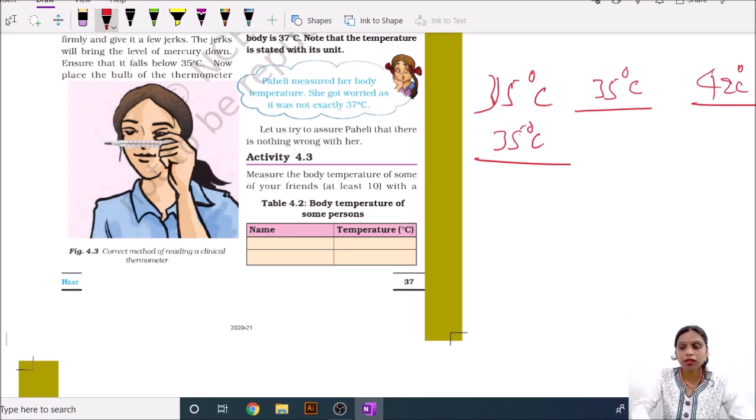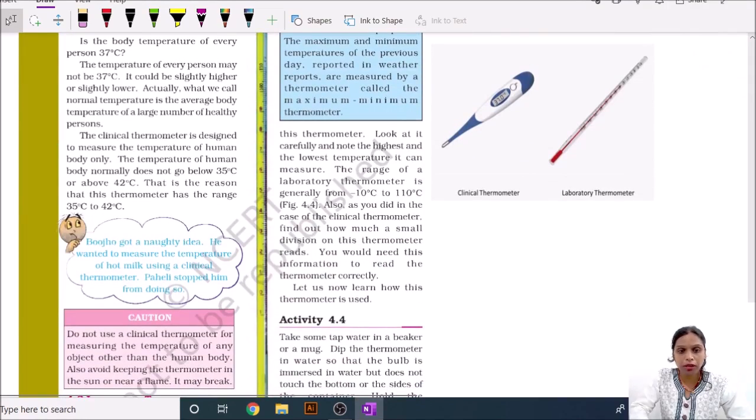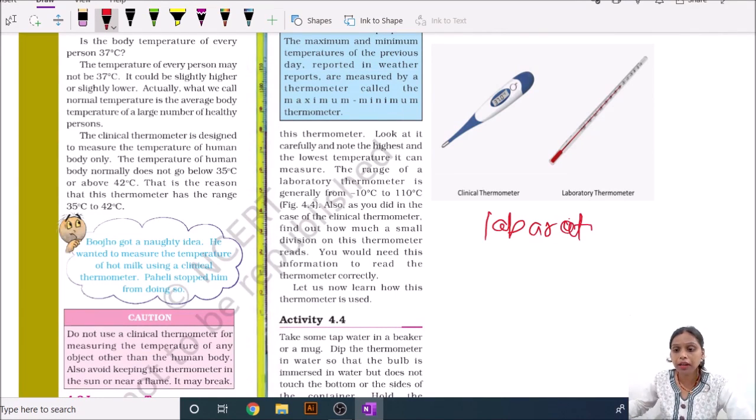Then okay, I think now we come to the laboratory thermometer. The laboratory thermometer is used in the laboratory, and its range starts from -10 degrees Celsius and ends at 110 degrees Celsius.